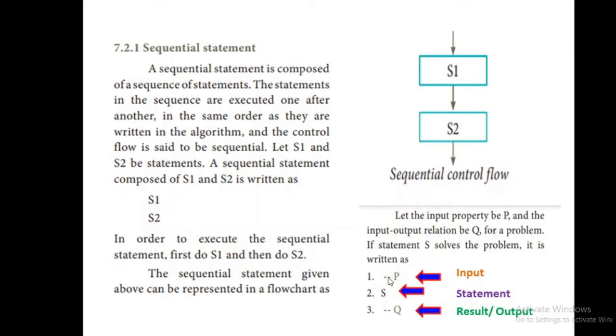So here three steps are represented. Dot dot P, P is the property for the input. The hyphen represents the input. S is the statement, and finally we need the output, that means the result, represented by the symbol Q. Hyphen Q gives the result.